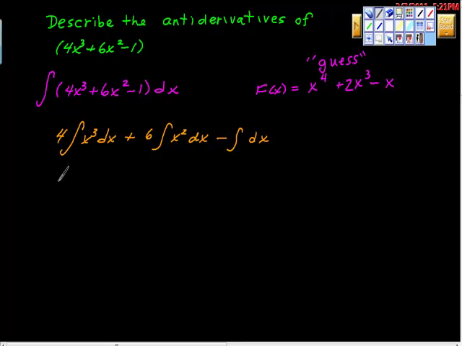So as we start to solve, I'm seeing 4 times x to the 4th. This was the x, but then I multiplied by 4, so to get rid of that I had to divide by 4.